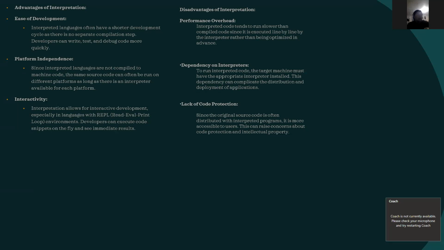Advantages of interpretation. Interpreted languages often have a shorter development cycle as there is no separate compilation step. Developers can write, test, and debug code more quickly. Since interpreted languages are not compiled to machine code, the same source code can often be run on different platforms as long as there is an interpreter available for each platform.